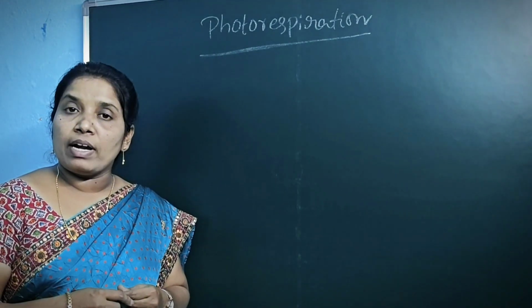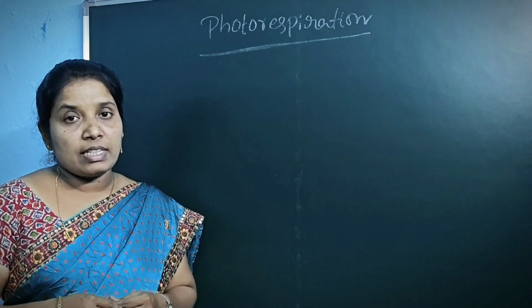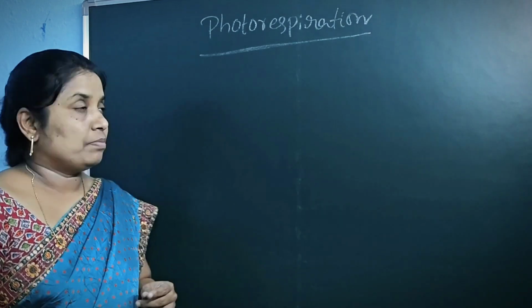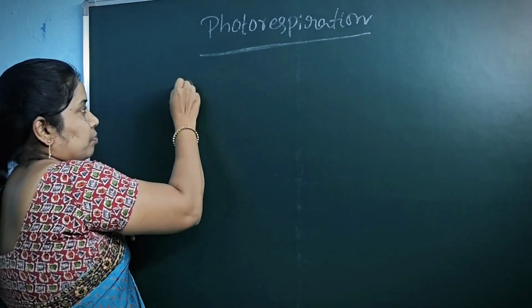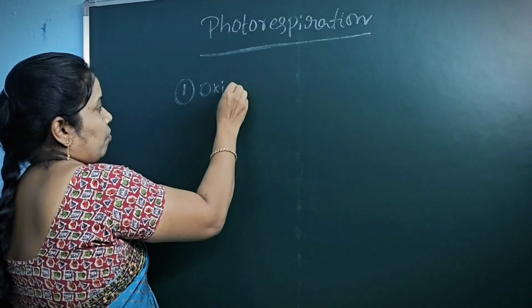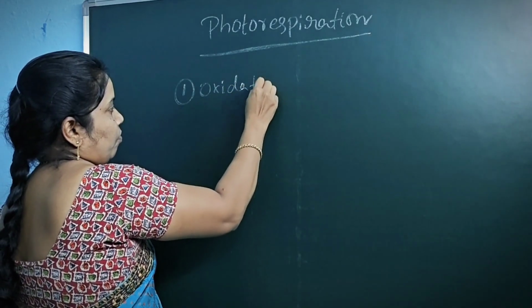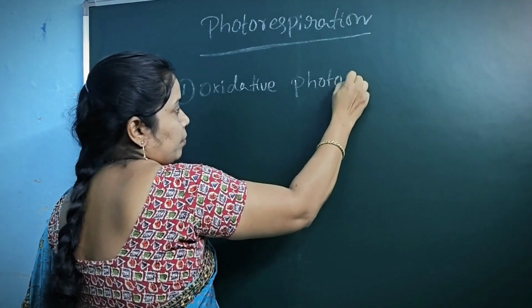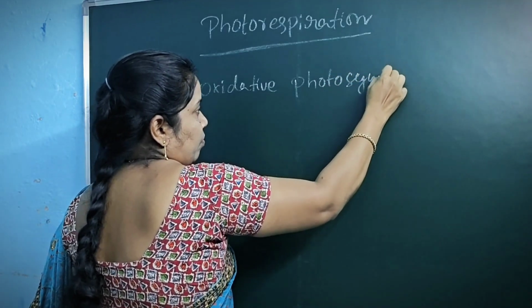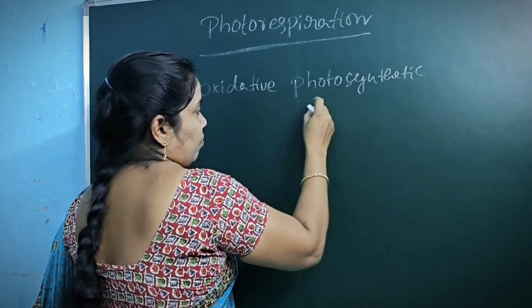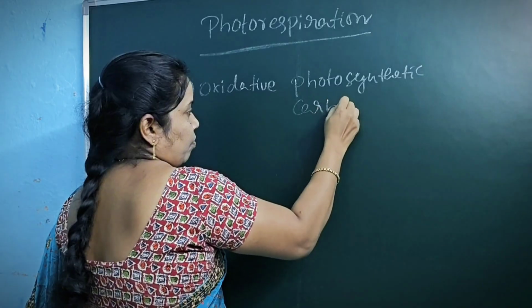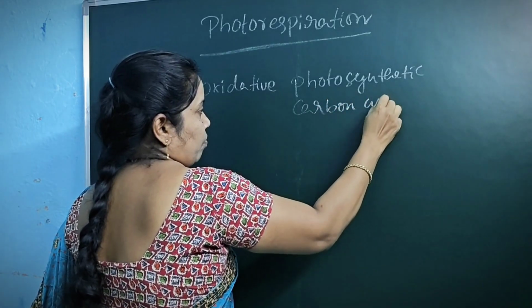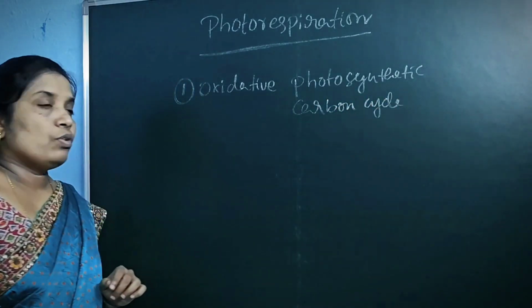It is also called the oxidative photosynthetic carbon cycle. Why?